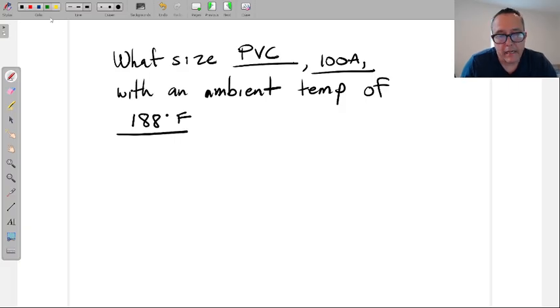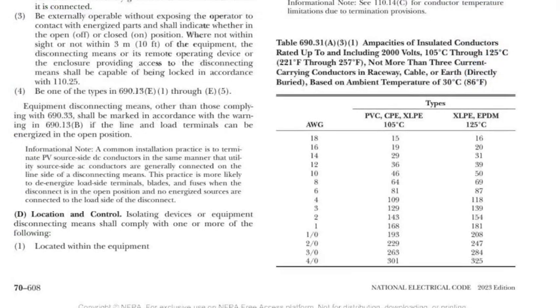Keeping with multiplication, if I have to cover 100 amps and I have 188 degrees Fahrenheit, then that's going to be a big temperature change. So I can come over here and start at this table.